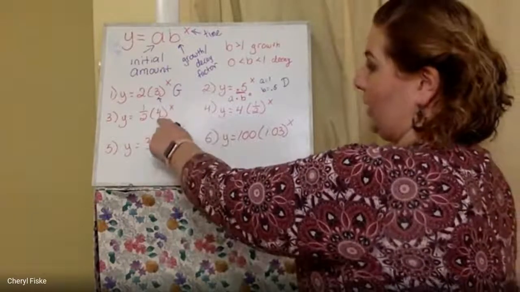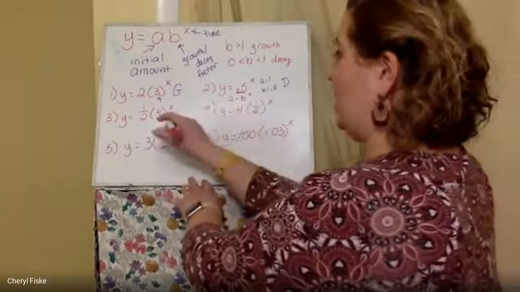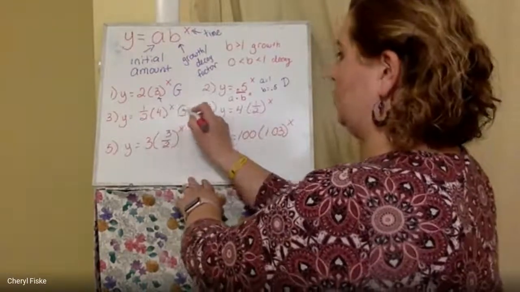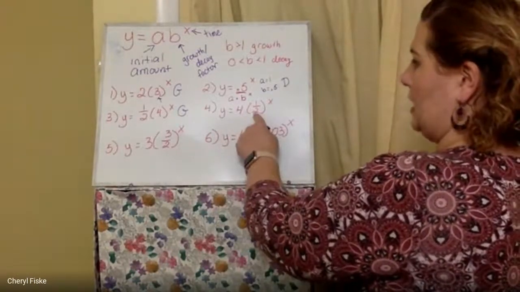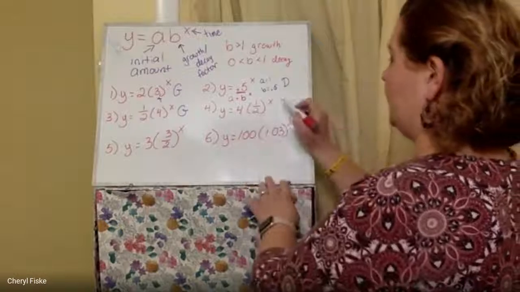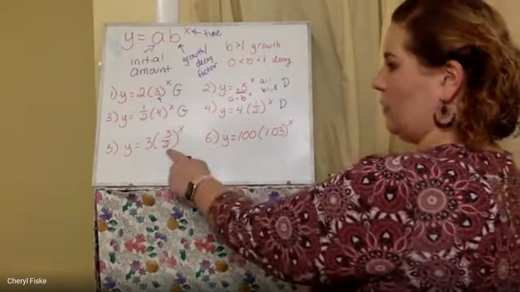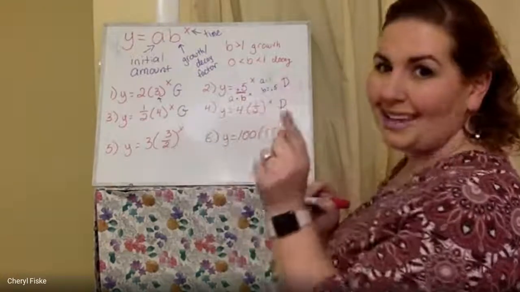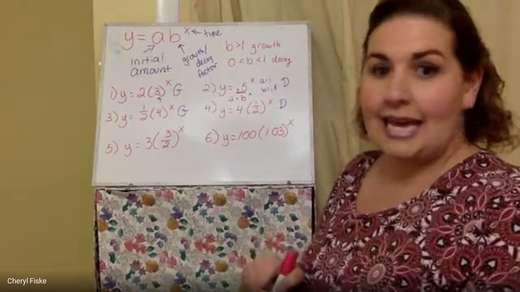Okay, here's number 3. So I'm looking at my B. It's a 4. So that's above 1. This is exponential growth. Here, I'm looking at B. It's a 1/2, exponential decay. Ooh, this one, 3/2. I bet you I got some of you. I'm guessing some of you said that it was decay.